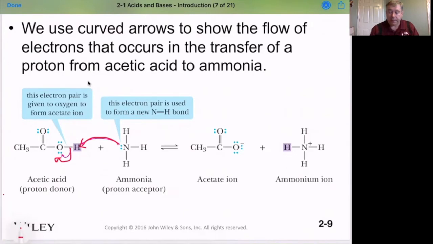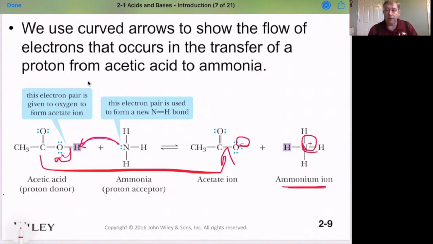That's going to generate a negative charge on your conjugate base. And now that that proton is transferred, this was a neutral molecule. This is not transferring electrons. Therefore, it's gaining a positive charge. We end up with a positive charge on the conjugate acid. Okay? So our acid becomes a negative charge.